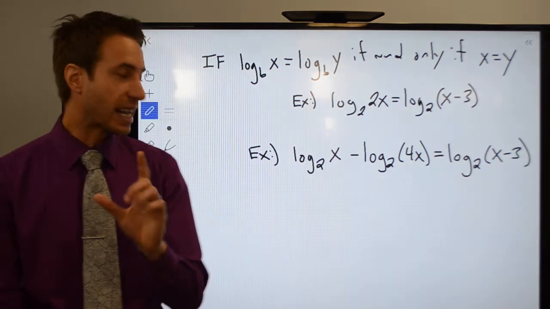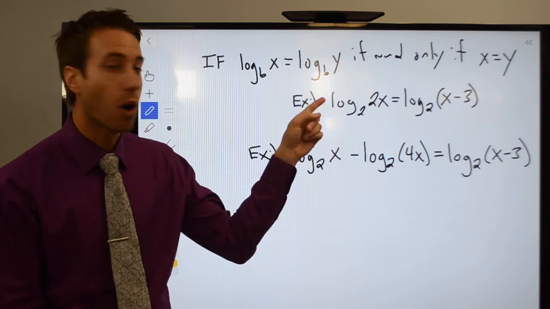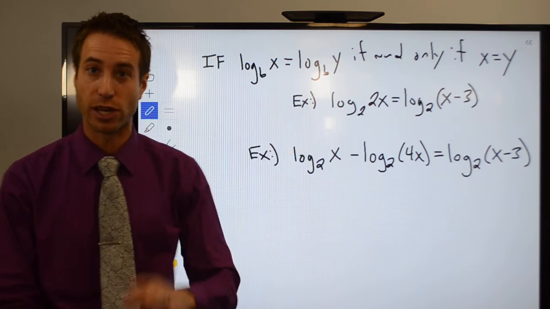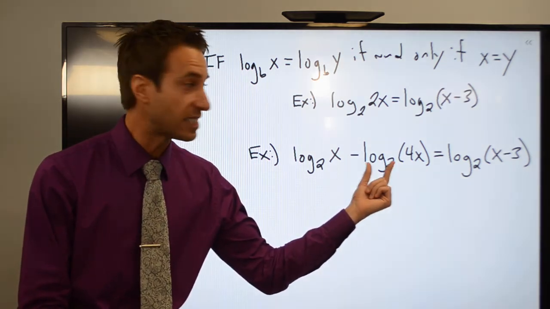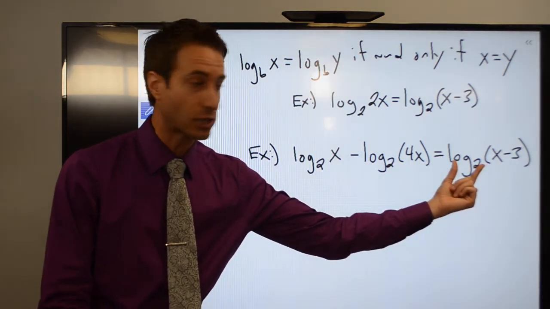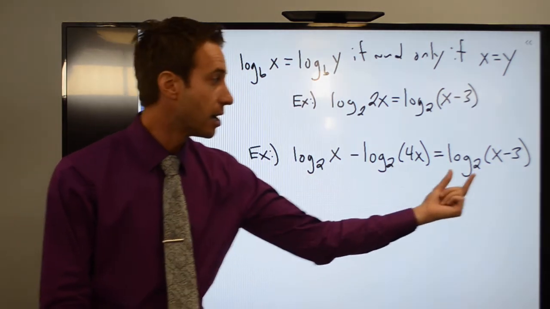Hopefully you can right away recognize why this is different from what we did in the previous section. I don't have a log base equal to a log base. I've got a log base minus a log base equal to a log base.